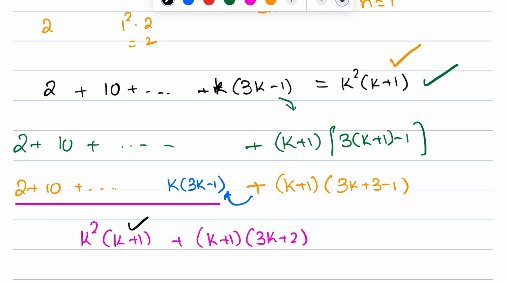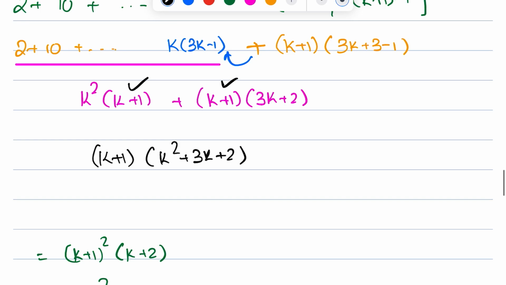What can I take common? k plus 1 I can take common. So it becomes k square plus 3k plus 2. Now I can factorize it out: (k plus 1) times (k square plus 2k plus k plus 2).